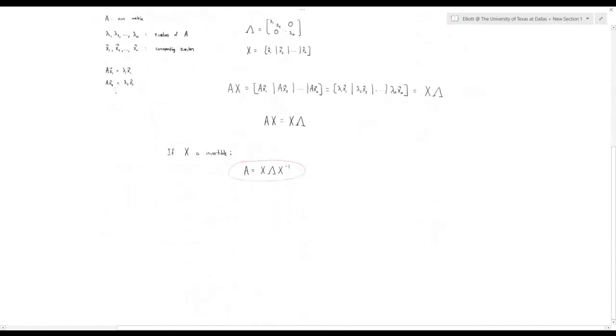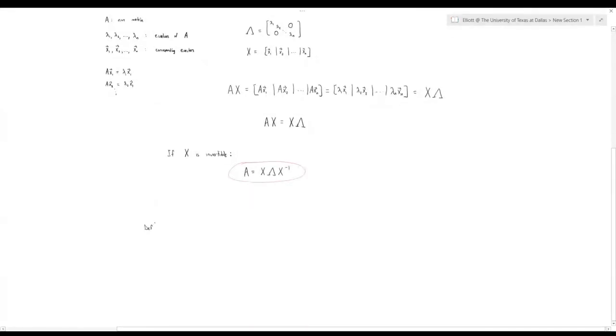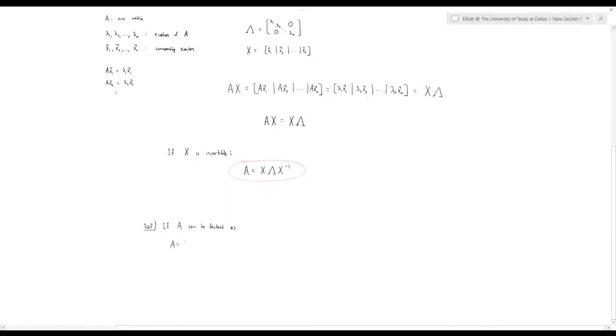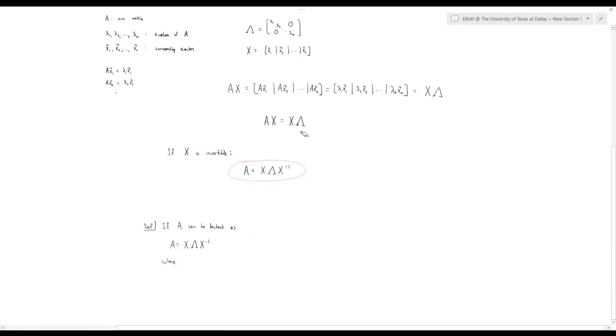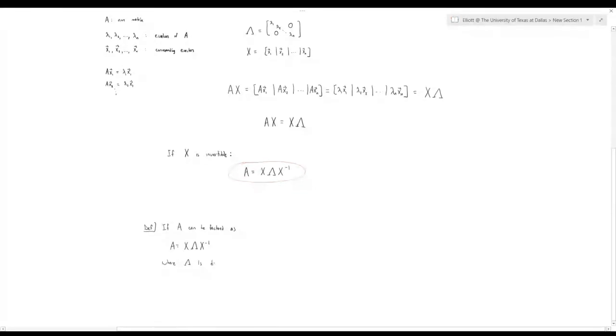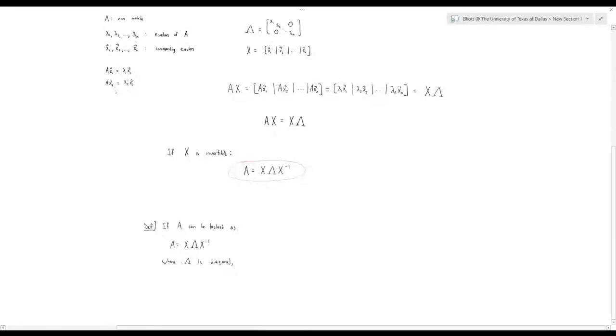We say that if you have a matrix A and it can be factored in this form, where the matrix in the middle is specifically a diagonal matrix, then we say that the matrix A is diagonalizable.